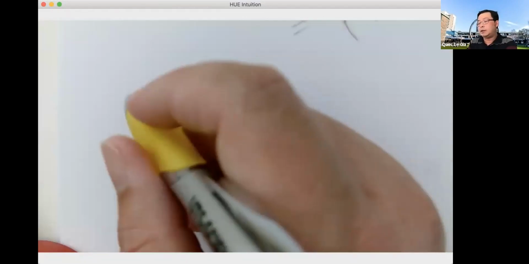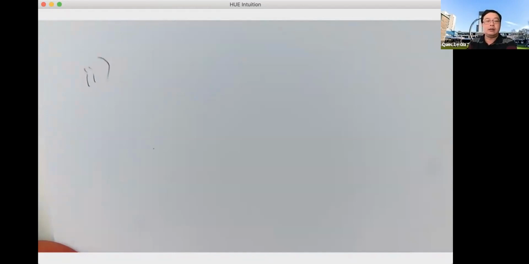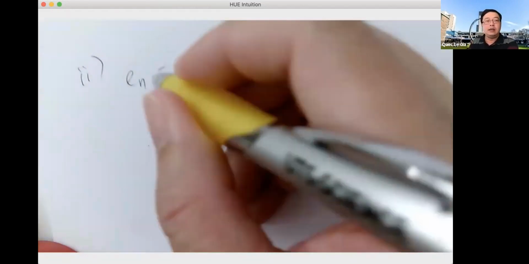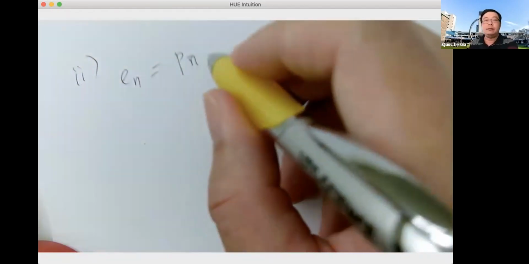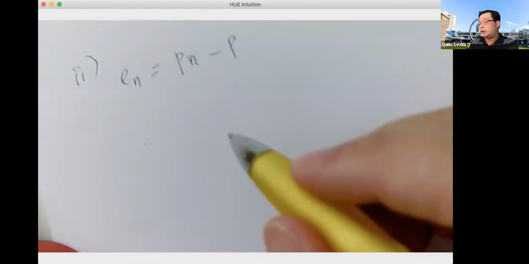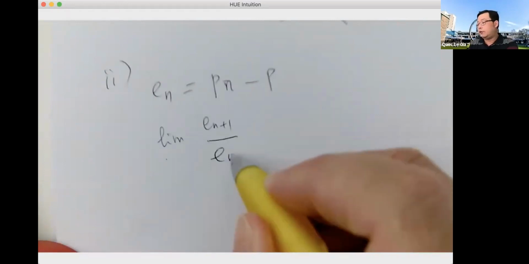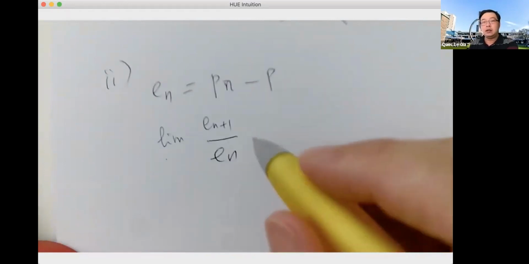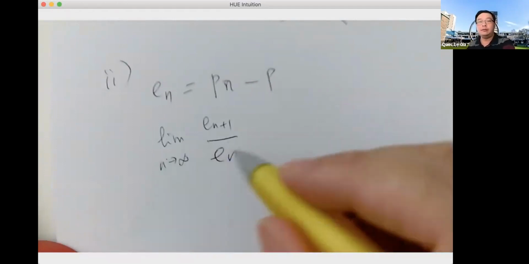So the second part is, now if I define the errors En as Pn minus P, okay, then I need to show that the limit of En plus 1 over En when n goes to infinity is 1/2. So there is no more quadratic convergence, okay.